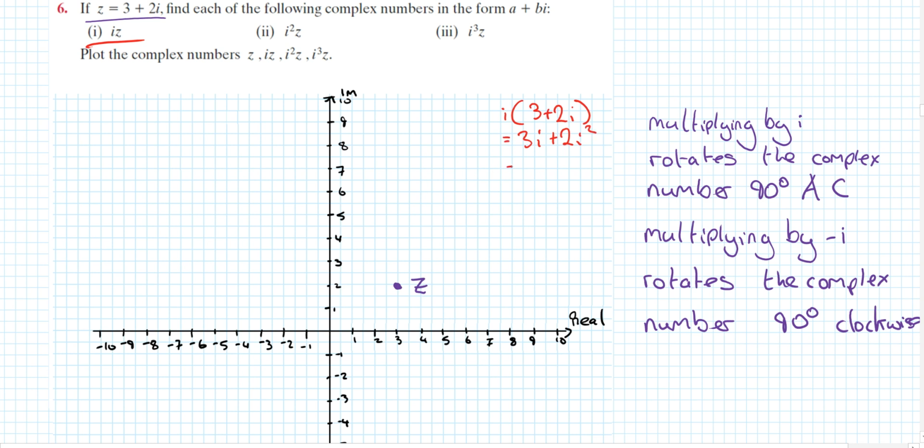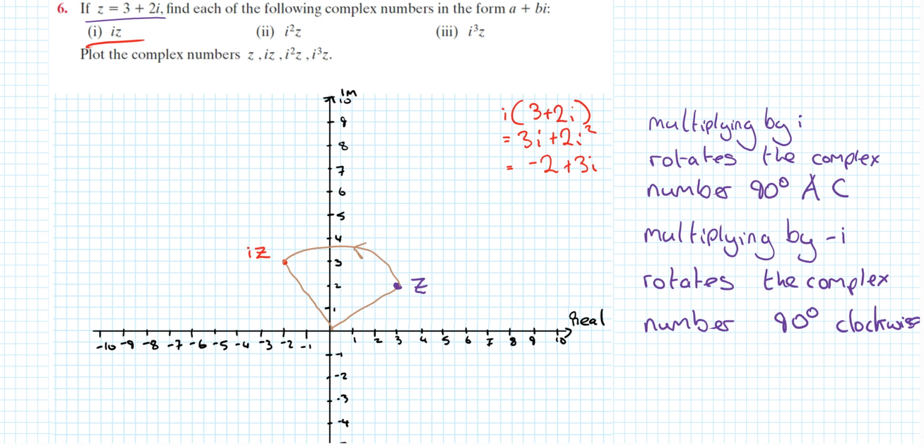It's minus 1, so this really is minus 2 plus 3i. Where is minus 2 plus 3i? This is i times z. And it's a little bit hard to notice, but if you were to draw this in, you can see that it is rotated. It's like a segment from a circle.